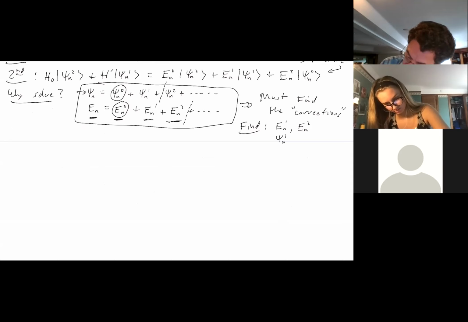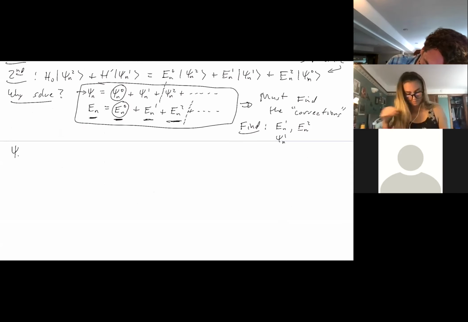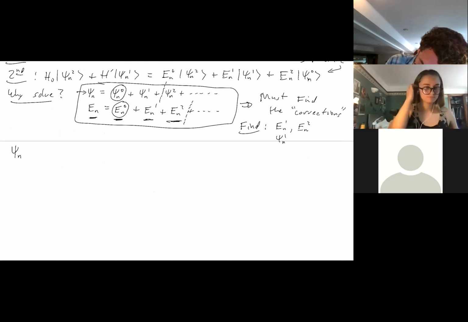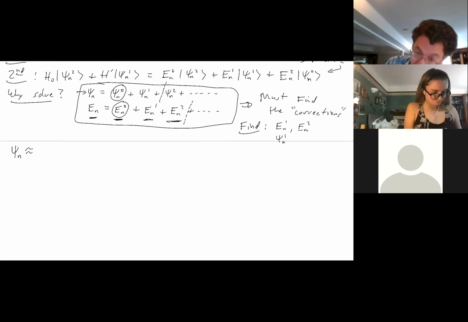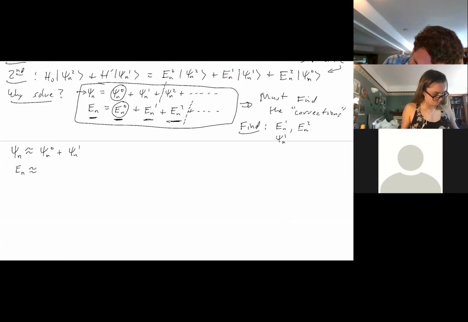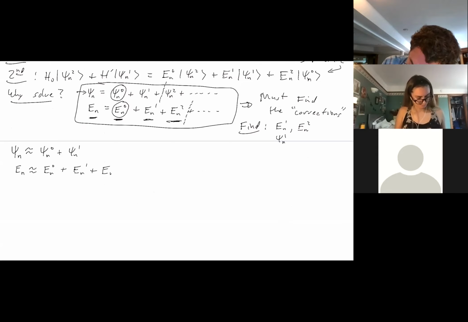So what we're going to do in this class is say that the perturbed wave function is approximately equal, that's why I have the wiggly signs, to psi n naught plus psi n1. And the new eigenenergy is approximately the old eigenenergy plus the first order correction plus the second order correction. All right, that's as far as we're going to go.